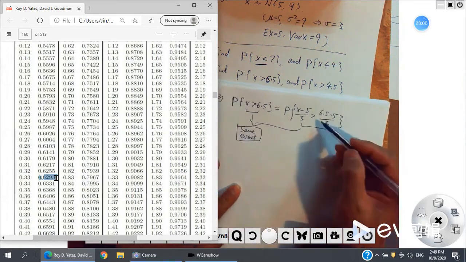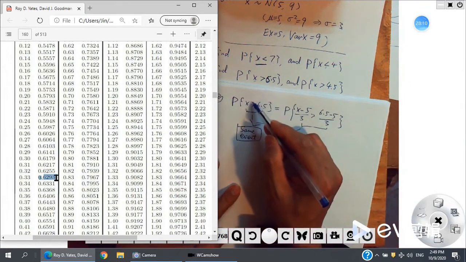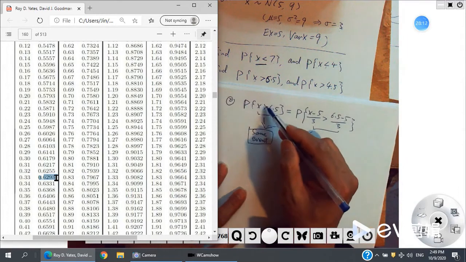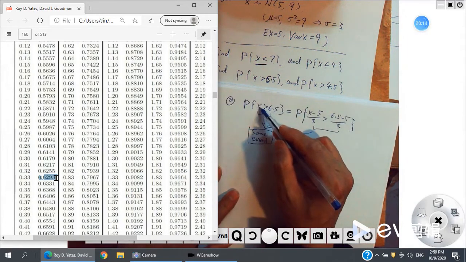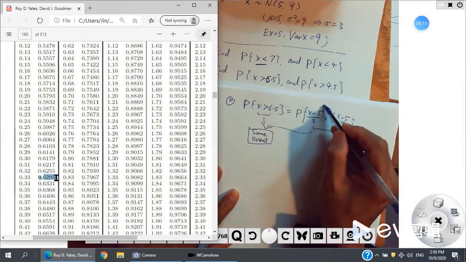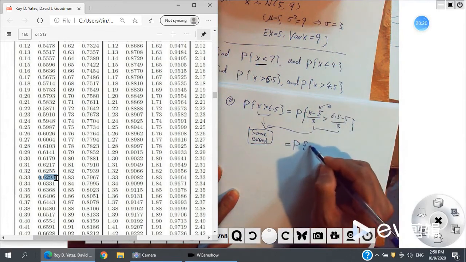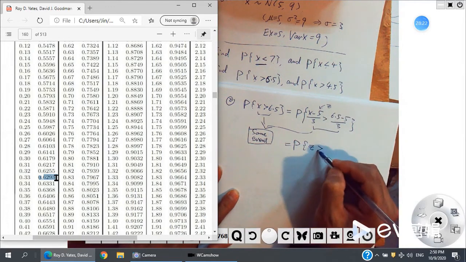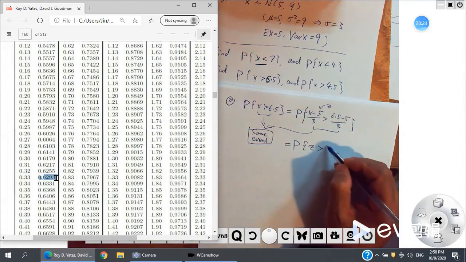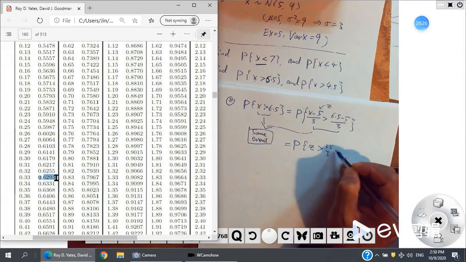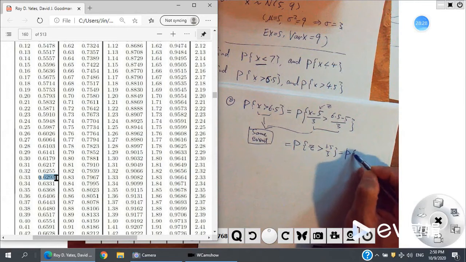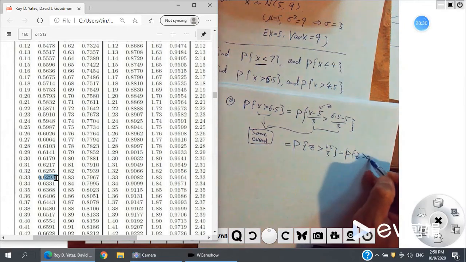But this one, we describe the event in terms of x. Now here, this is z, so we describe this event in terms of z. Z larger than, okay, what is it? This 1.5 over 3. So it is z larger than 0.5.